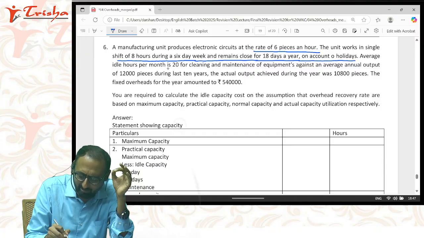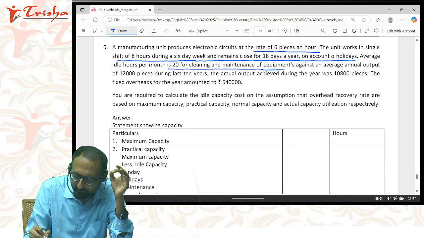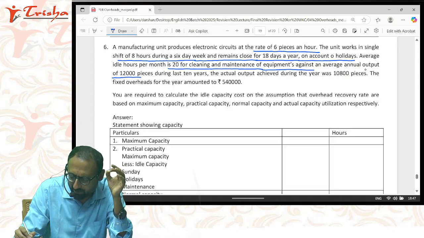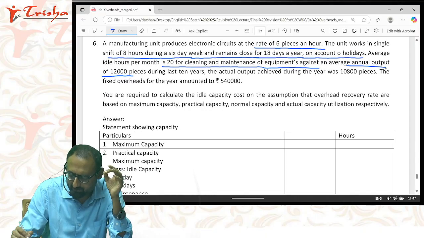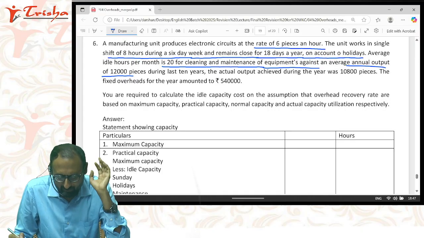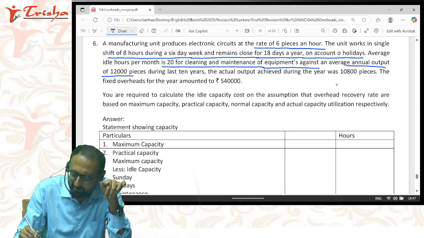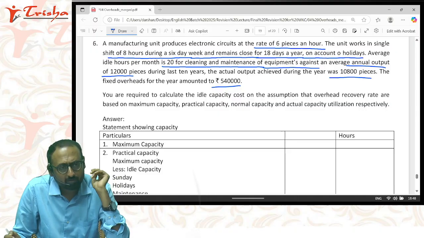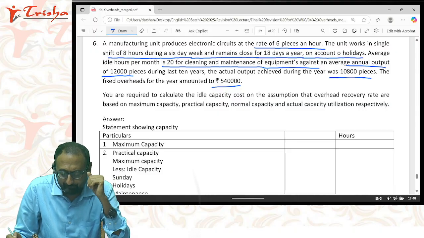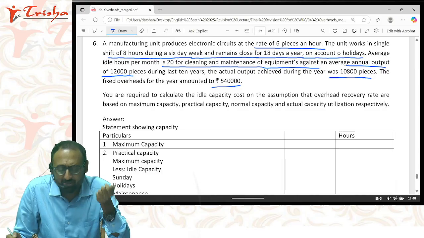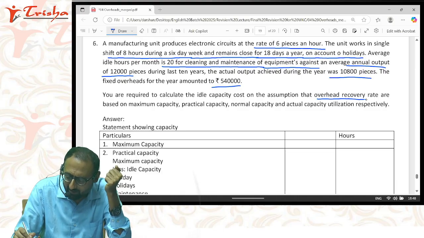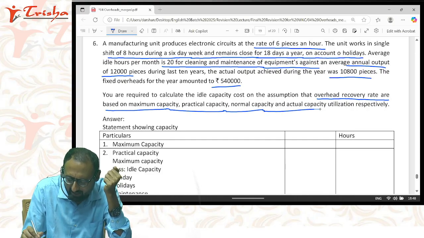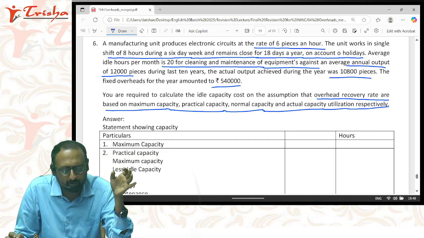Average idle hours are 20 for cleaning and maintenance of the equipment against an average annual output of 12,000 pieces during the last 10 years. Actual output achieved during the year is 10,800 pieces. The fixed overhead are 5,40,000. You are required to calculate idle capacity cost on assumption that overhead recovery rate are based on maximum capacity, practical capacity, normal capacity, and actual capacity utilization respectively.